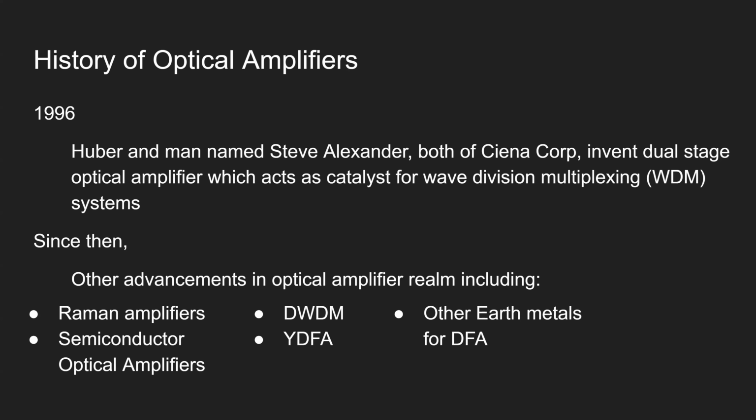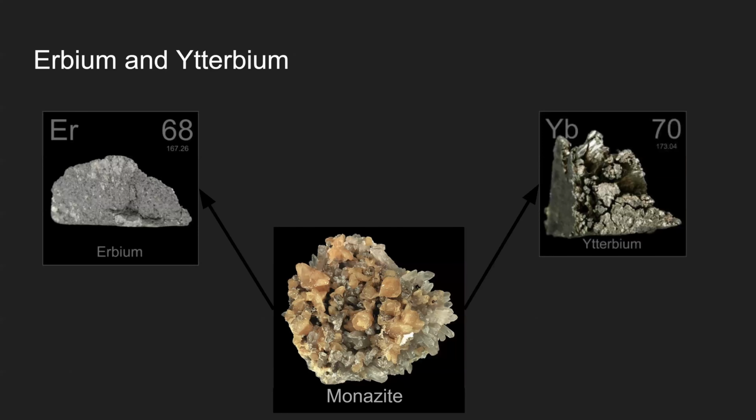And then you have other rare earth metals that are also successful with this doping of fiber for amplification. However, as mentioned, they're even more specific and narrow in range than erbium or ytterbium, so they aren't as widely used. And so now into some environmental and geopolitical considerations.